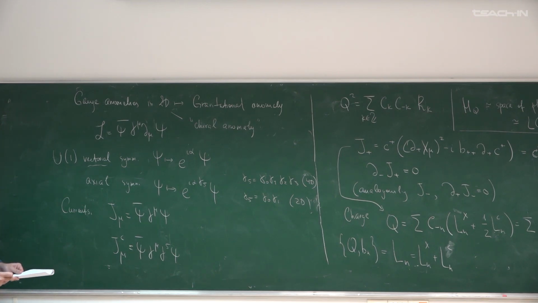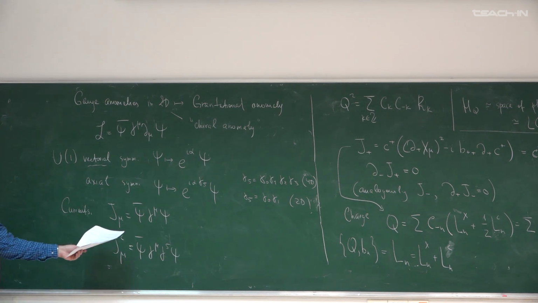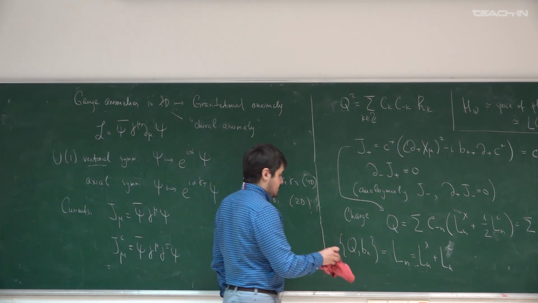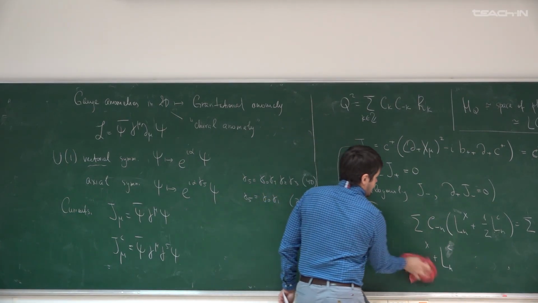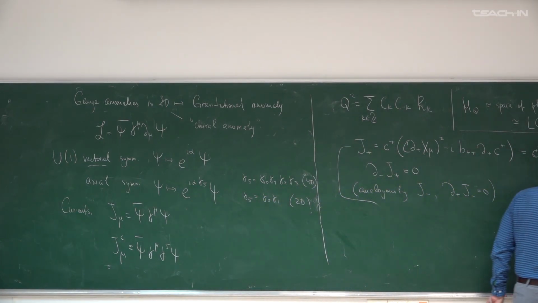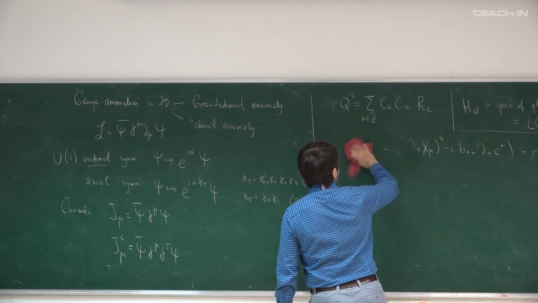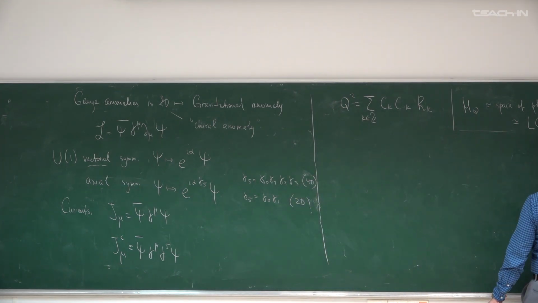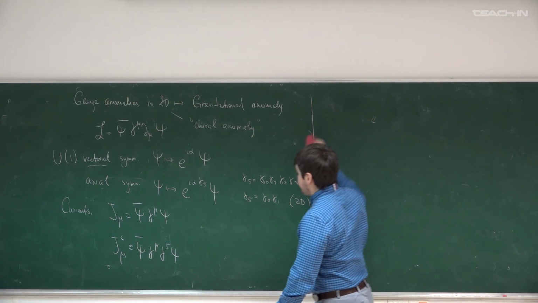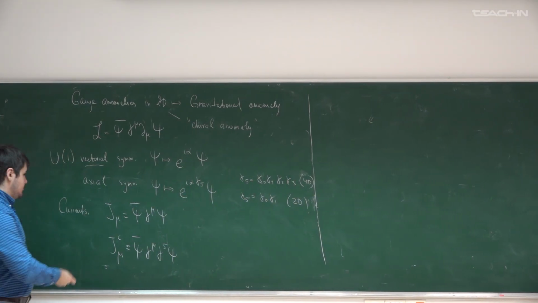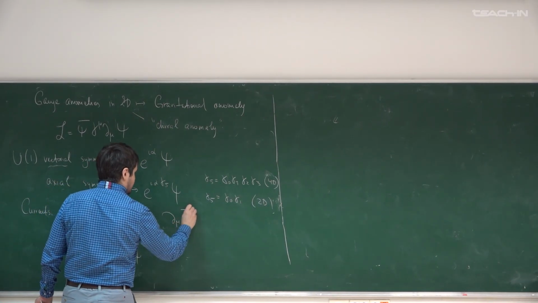You can derive that as an exercise by Noether's theorem. The question about chiral anomalies is whether these symmetries remain once we introduce a gauge field. These currents are conserved in the free theory, so d mu J mu is zero.